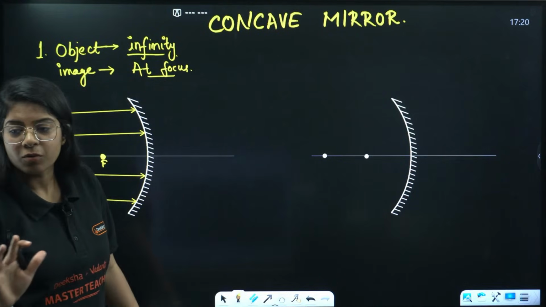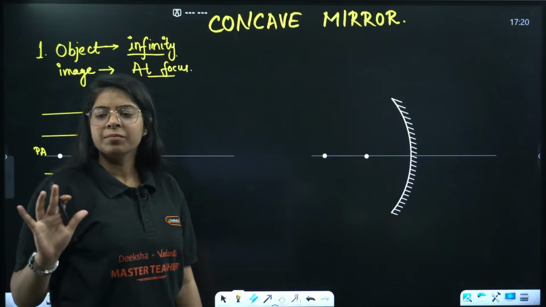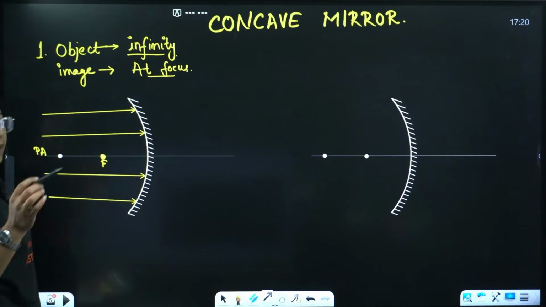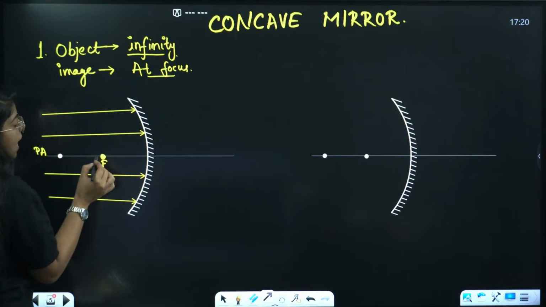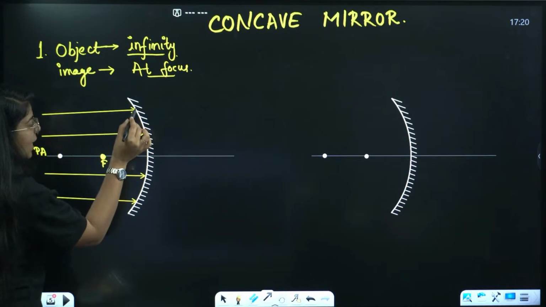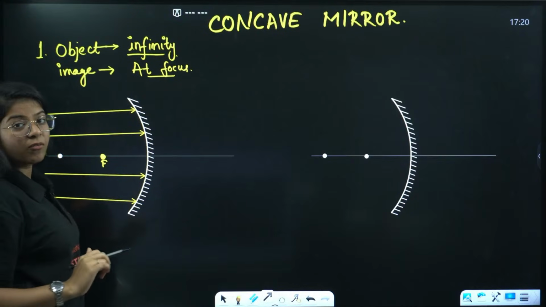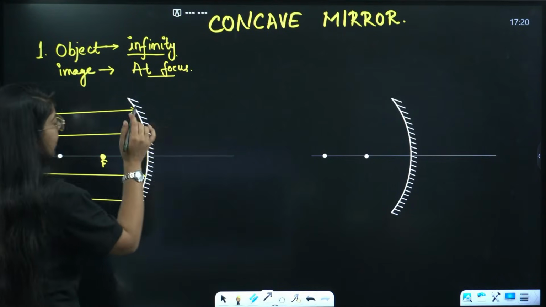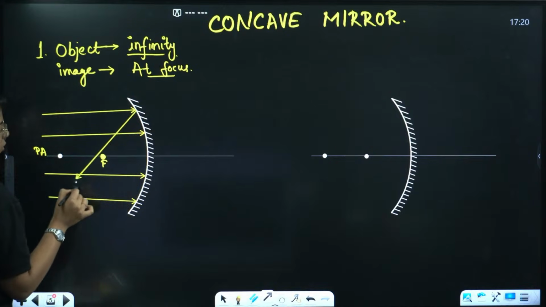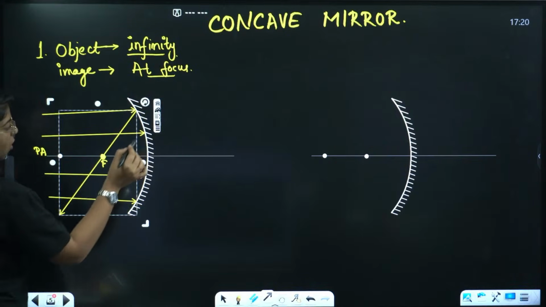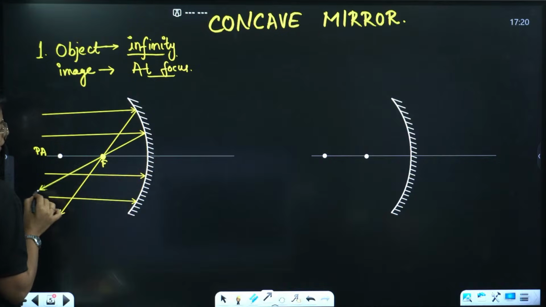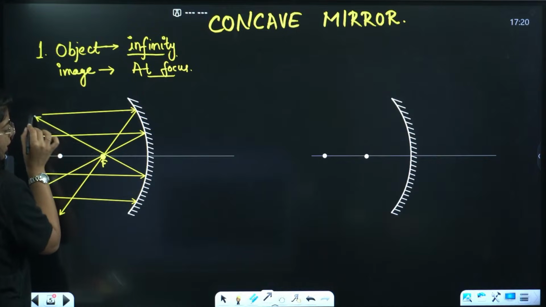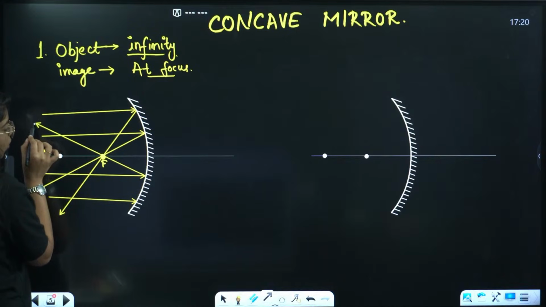Now again pick up your scale and pen or pencil, and we have to pass the reflected rays from where now? From focus, because we already know that the rays are getting converged at focus, so they will pass through the focus. Easy, right?